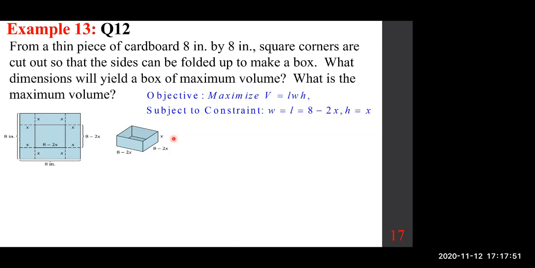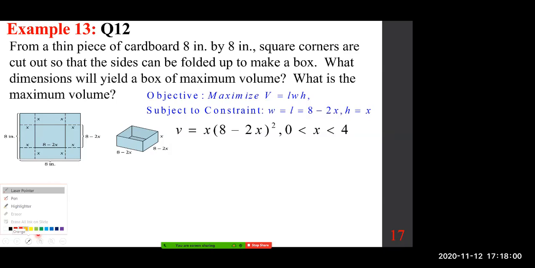Replace them. Everything is a function of x. When you square this, you get 64 minus 32x plus 4x squared. Multiply by x.